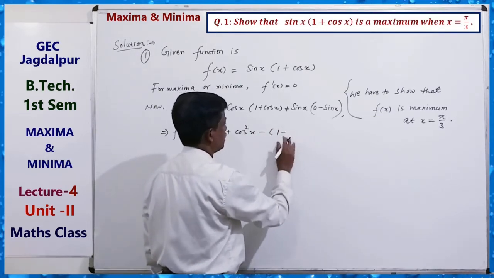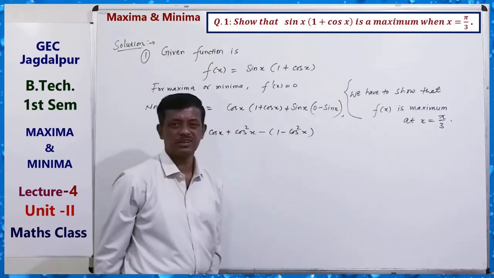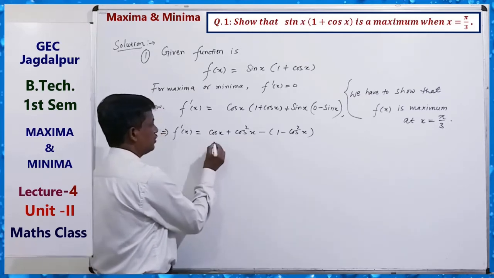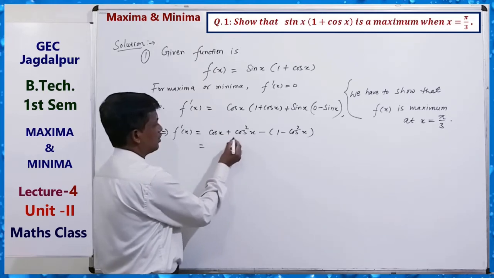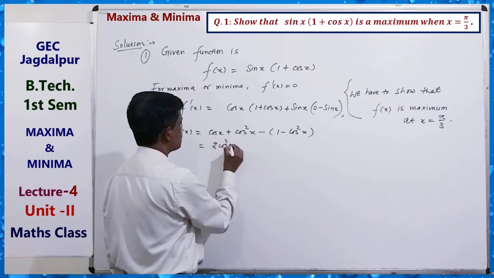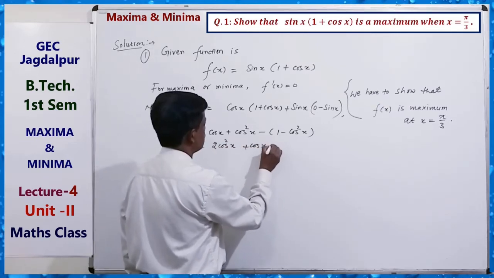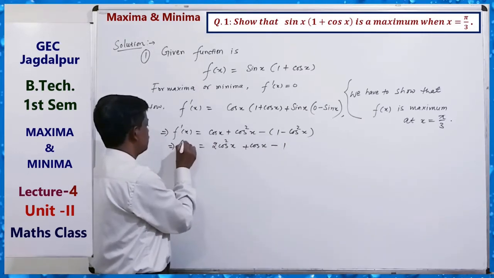We can write it like this: cos square x minus sin square x, 1 minus cos square x. Just solve it: cos square x plus cos square x gives 2 cos square x, plus cos x minus 1. So this is the first derivative.